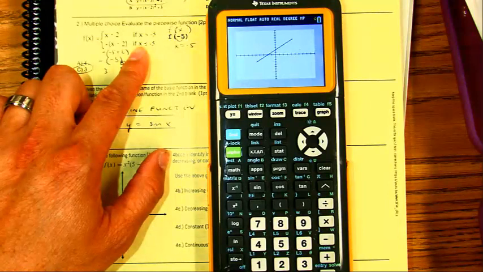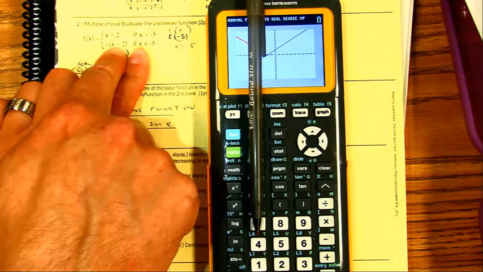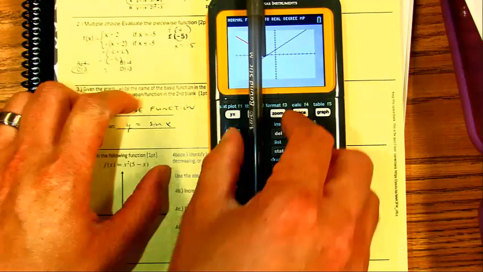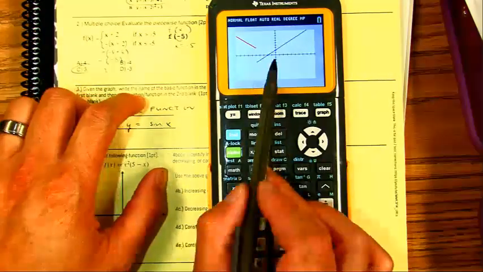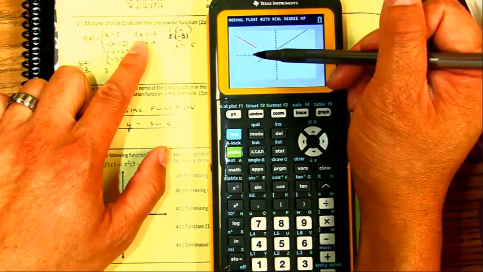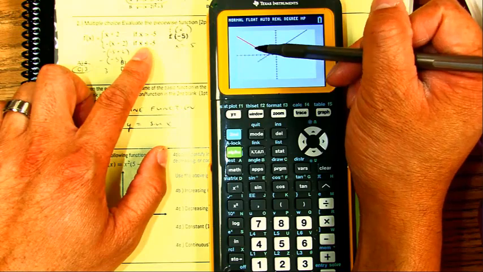It's a piecewise function. So there in red you have the second one, and then blue is the first one because it has a positive slope. And you're asking what's happening at negative 5. Well, you're not quite sure, right? Here at negative 5, this one should be a closed circle, that one's an open circle, so you would do the closed circle.